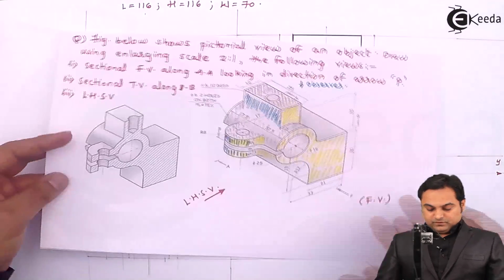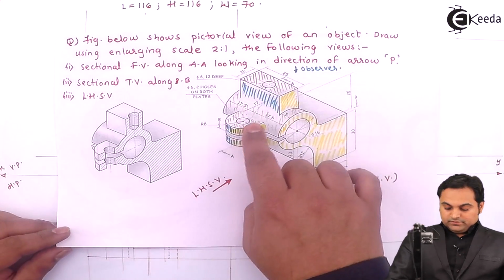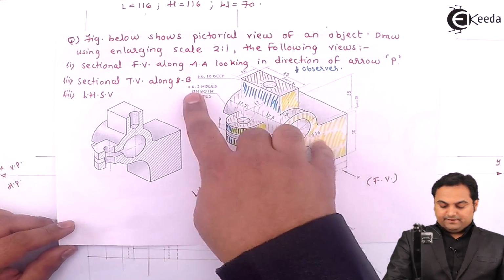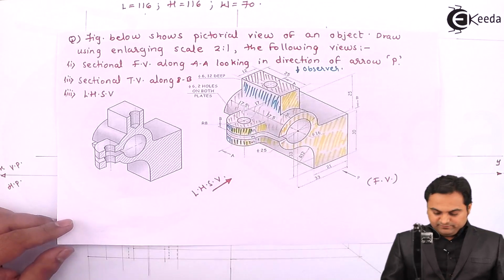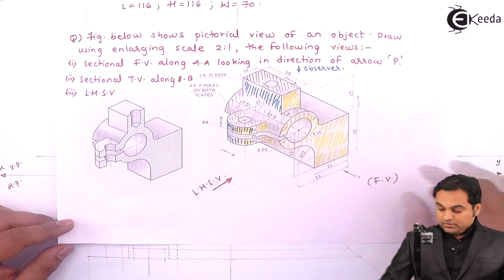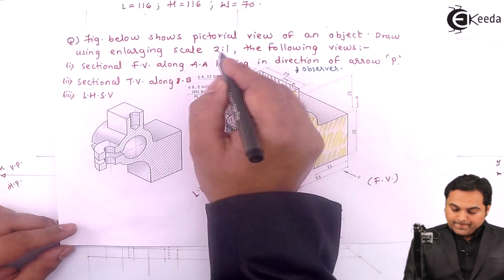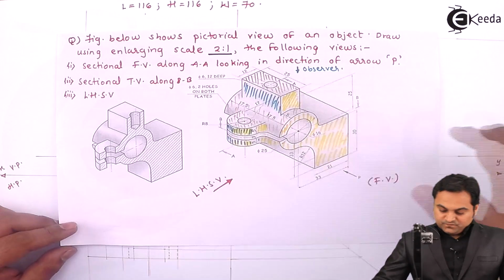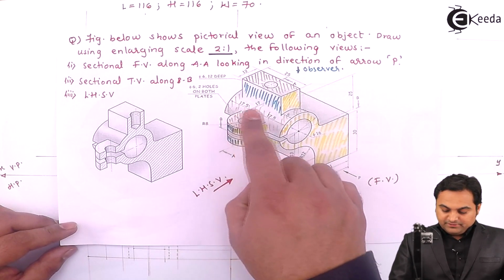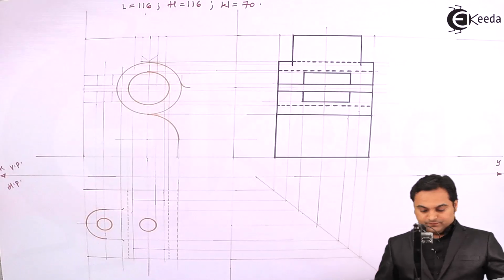Next, looking from the side, there is a circle of diameter 6. For us, it will be 12 because of the scale 2 is to 1. That 12 diameter circle is there in both the plates.